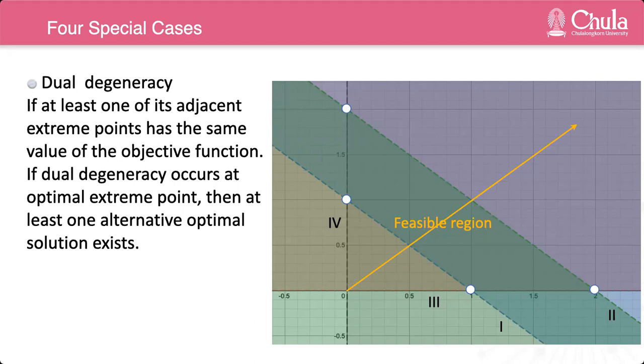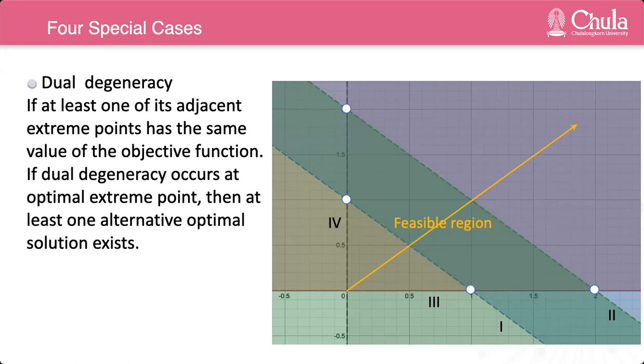Then we have infinitely many solutions, starting from this corner to this corner. All solutions that lie on this constraint can be our solution.